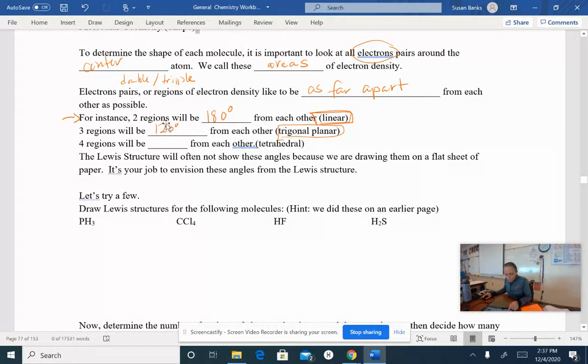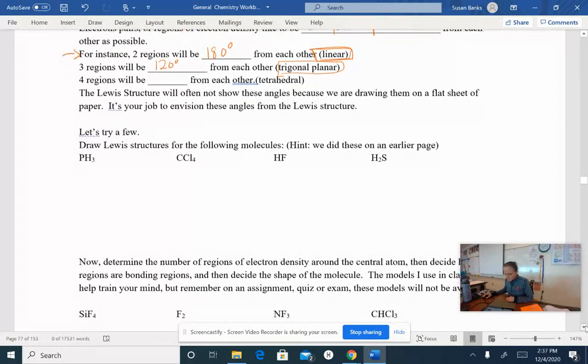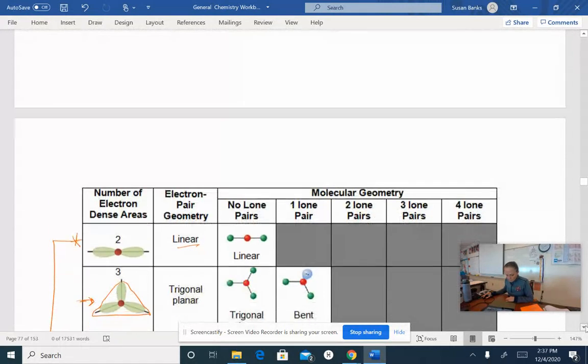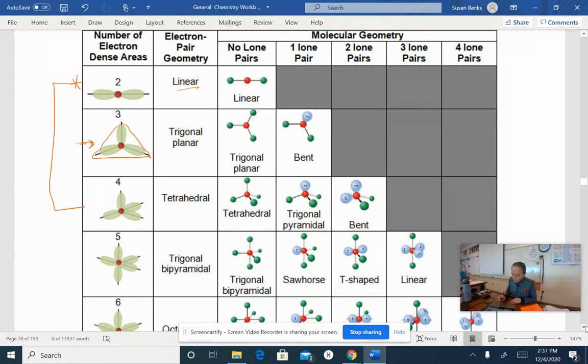If I have four regions of electron density around that center atom, I have a tetrahedral. If you look at that in terms of three dimensions, any of you who play role-playing games and have a four-sided die, I want you to think of it as that shape.